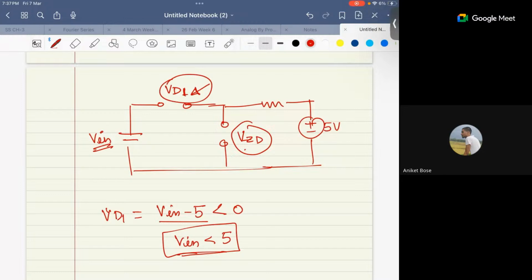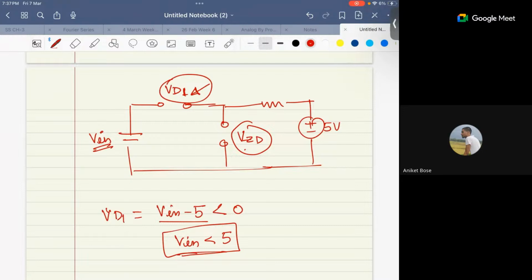What about the Zener diode? Sir, as it gets switched on, the potential at the node which connects the Zener diode and D1 will change. So we have to calculate that first. To calculate that, there will be a current.